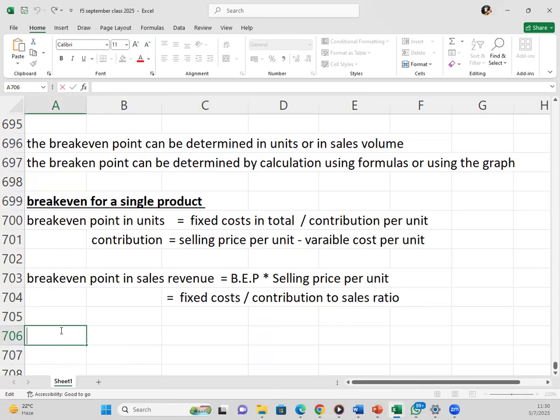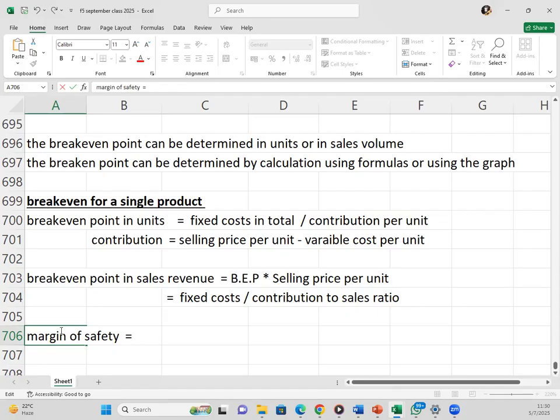So after calculating the break-even point in sales revenue, the next calculation you also need to be able to determine, in most cases, is the margin of safety. The margin of safety is saying, by how many units have you exceeded the break-even point?